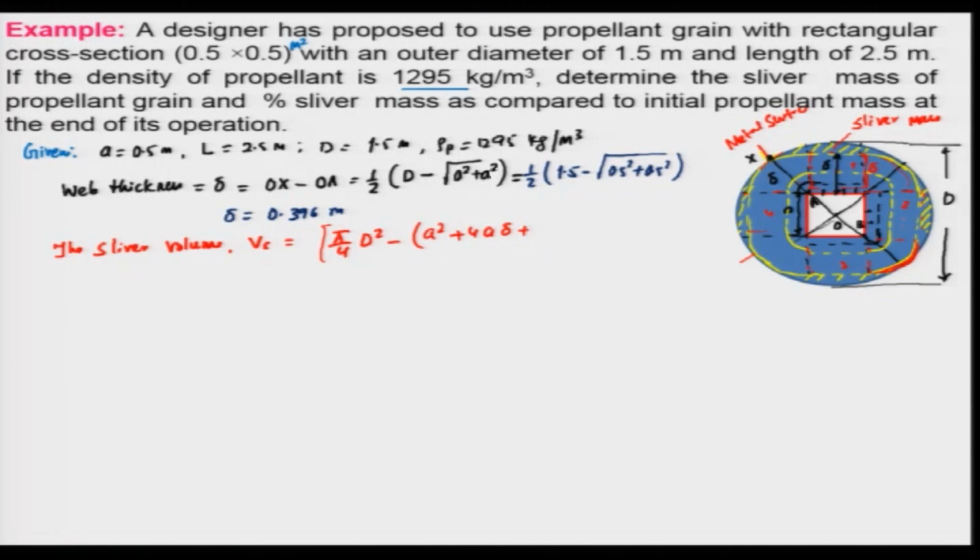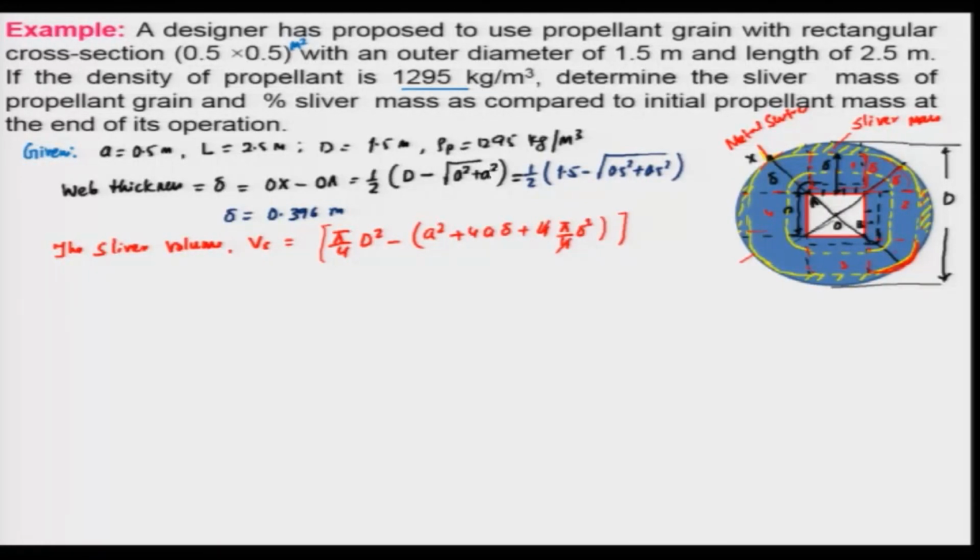This is one quadrant, this is another quadrant, so 4 into pi by 4 delta square, because this is your delta radius.